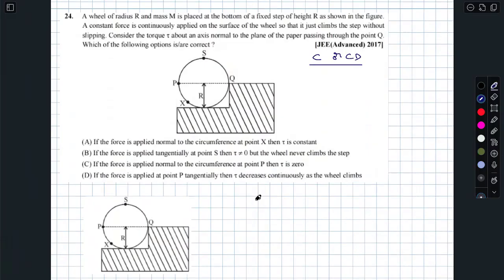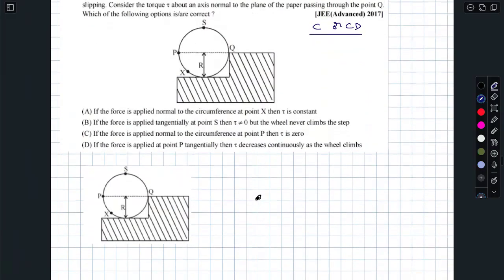If the force is applied normal to the circumference at point X, that is normal to X because this is passing through center.